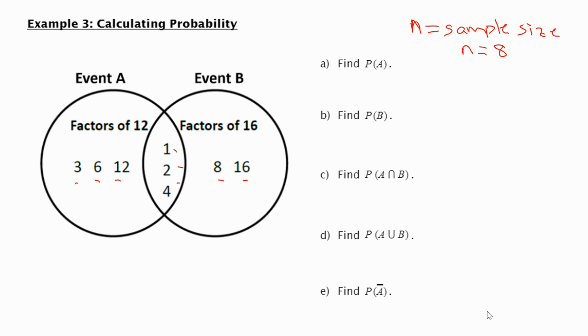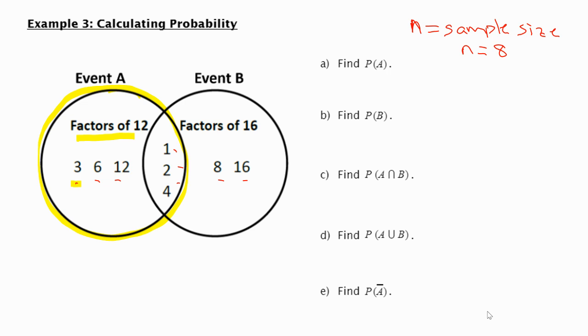So the first question is asking what is the probability of event A happening? And event A happens to be, in this case, factors of 12. So when we look at event A, I'm actually going to go ahead and highlight or trace this circle. So the number of values that fall within that circle I just highlighted would be considered our favorable outcomes.